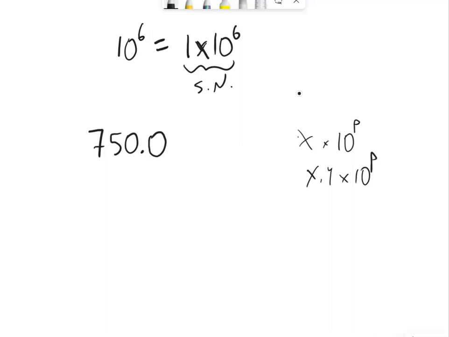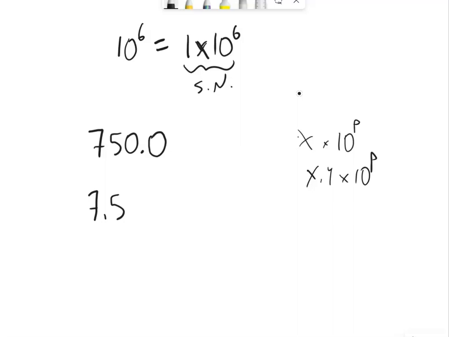So the questions we come up with are, what are the integers going to be and what's the power of 10? Well, what we do is we count how many times we would have to move this decimal point to make it look like scientific notation. And to make it look like scientific notation, I'm going to want it to be 7.5. So in order to make it 7.5, I have to move the decimal point 2 times.